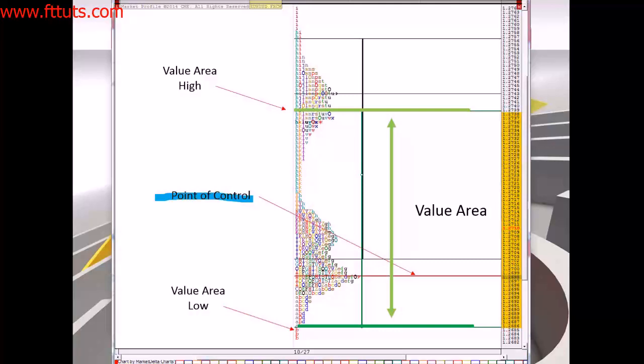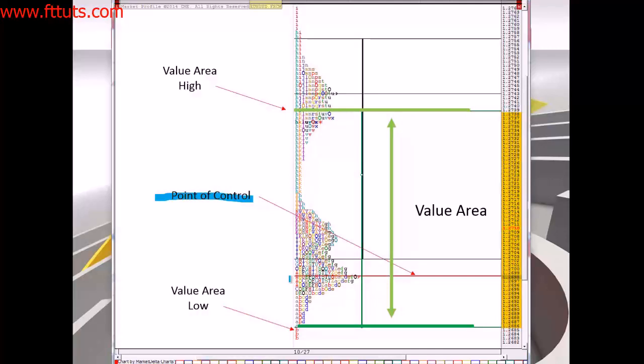When the profile prints a letter at a price for a TPO, it only prints a single letter for each period. So it may visit that price more than once within the same 30-minute period, but it will only print a single letter.